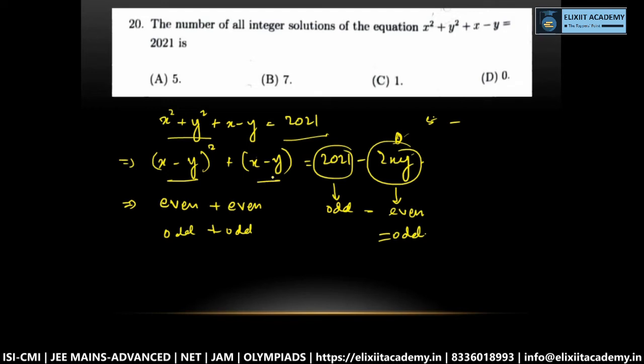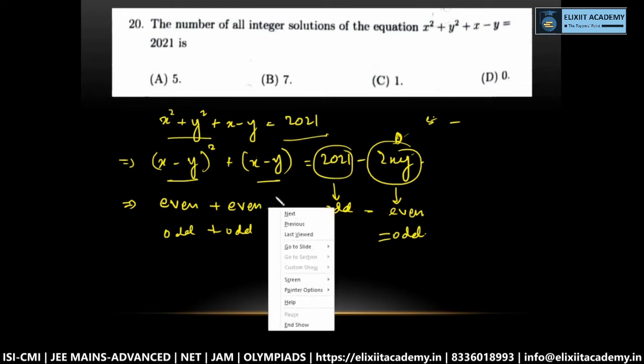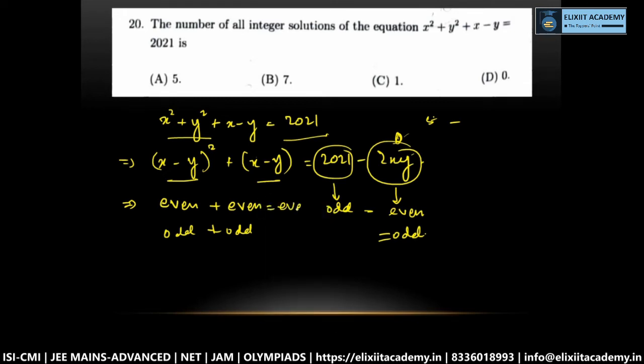And in case this is odd, odd square is odd only, plus x minus y, which we are assuming to be odd, so this is odd only. So even plus even is even, and odd plus odd is also even. So this means even is equal to odd. Obviously this is not possible, so 0 solutions, right?